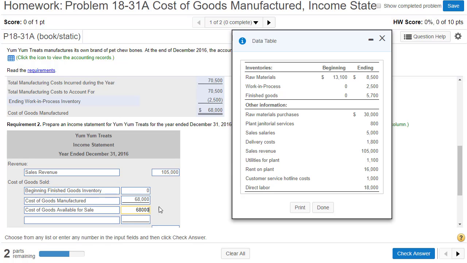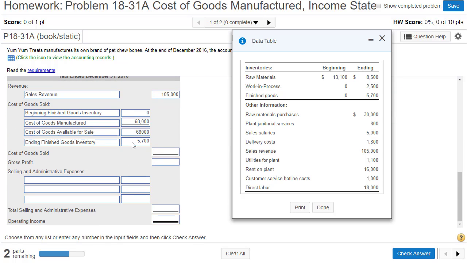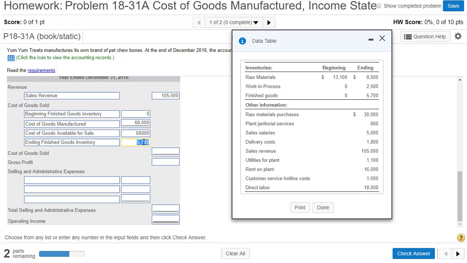All right, and then we need to subtract our ending finished goods, which is right here, 5,700. Ending finished goods. So what's going on is our goods available for sale was 68,000. So we had $68,000 of goods available for sale. At the end of the year, we only had 5,700 of those left.